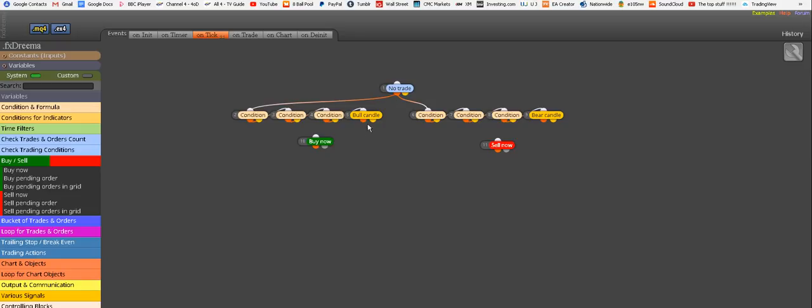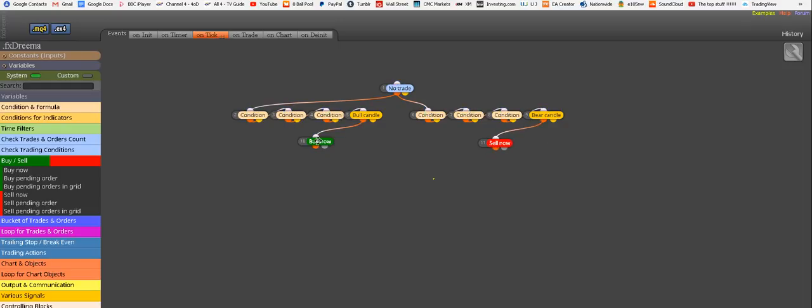And what we do is connect the very last condition. For buying conditions, it's going to be the bull candle condition to the top of Buy Now. And we also do the same on the selling side of things. We take the bear candle and connect it to the top of Sell Now.